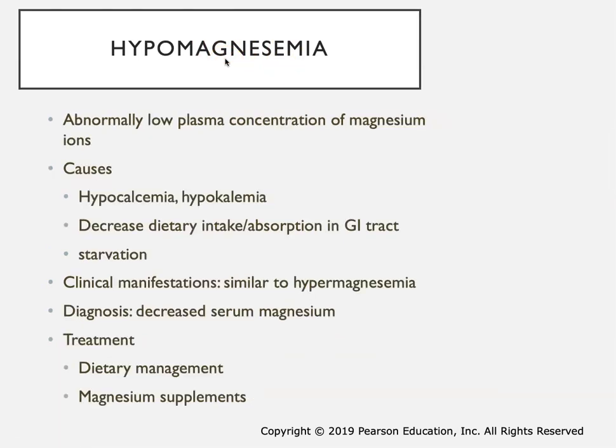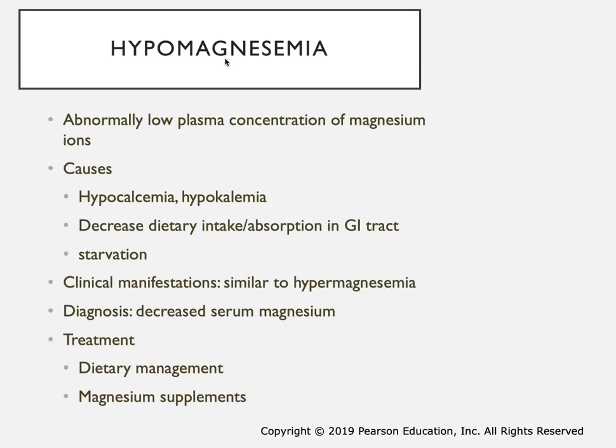If we talk about too little magnesium, okay, abnormally low plasma concentrations of magnesium, some of the causes are hypocalcemia and hypokalemia, okay? Again, you can see this sort of interaction between calcium and potassium. Decreased dietary intake of magnesium. So hypomagnesemia is more common than hyper, okay?